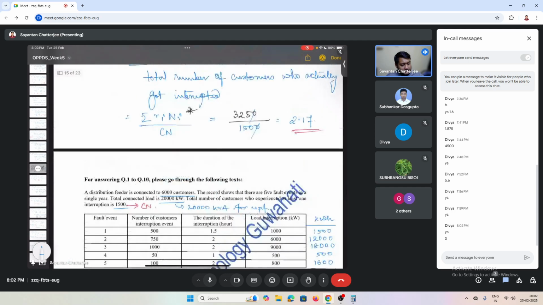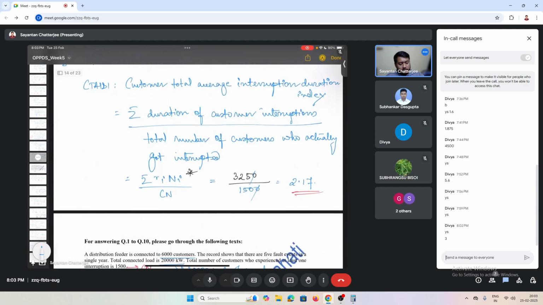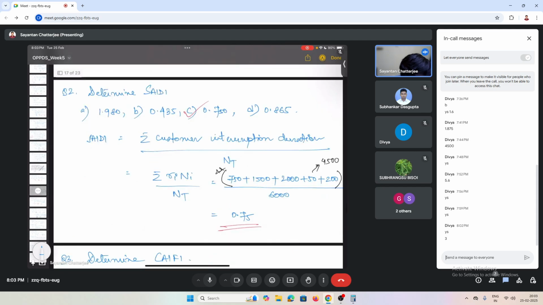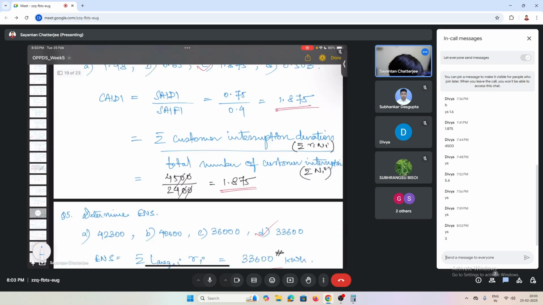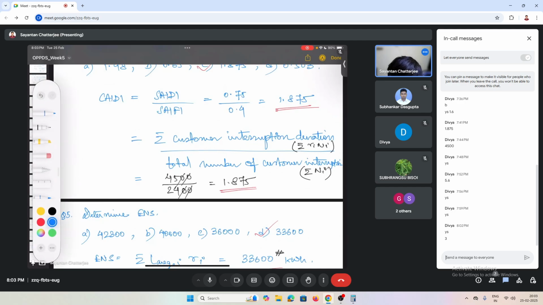What is SEDI? SEDI is RINI by CN, the total number of customers who actually got interrupted, and in the numerator, the total duration over which the customer interruptions took place. So this numerator would come here as 4500, as we have already calculated here. The double ampersand sign actually indicated it.